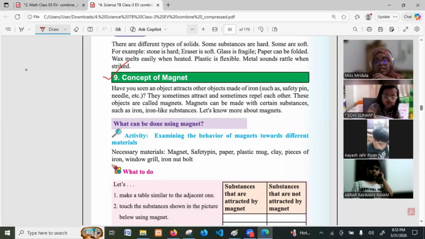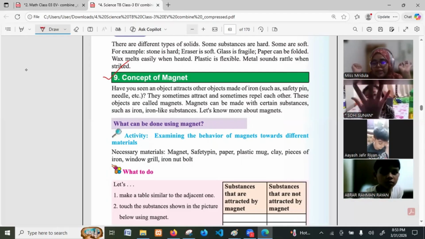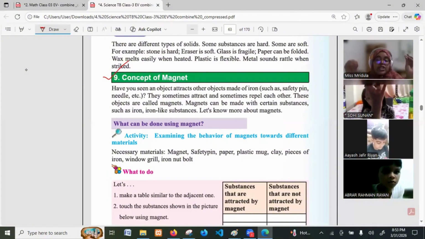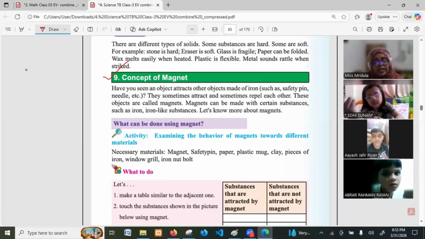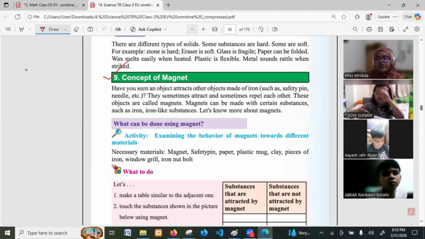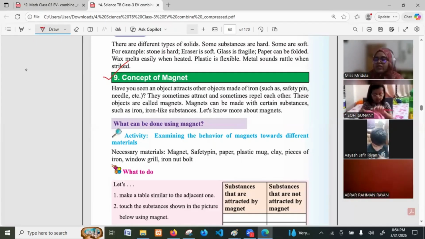But from very early on, we can turn some things into a magnet. If the material is made out of iron, I can turn it into a magnet, but it will be a bit difficult work. We have to cover it with a lot of wires and pass electricity through it, and some other things.